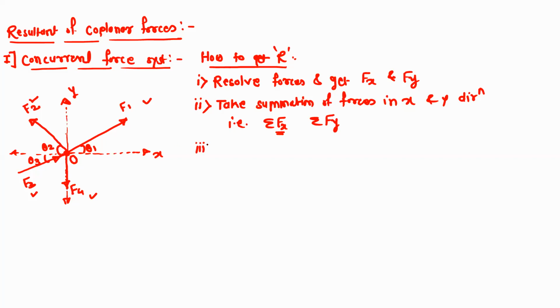Third step, find out the resultant by using this formula. R is equal to under root of (summation Fx) square plus (summation Fy) square. So this is the formula for the resultant. Okay. Then specify the quadrant in which the resultant will act.